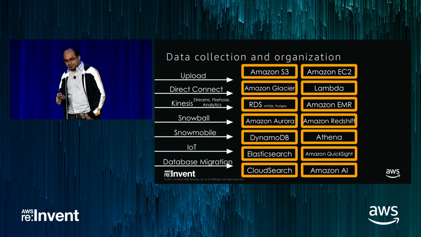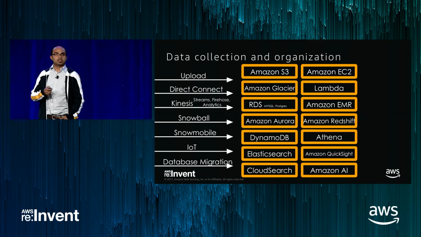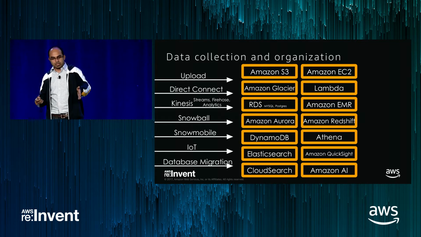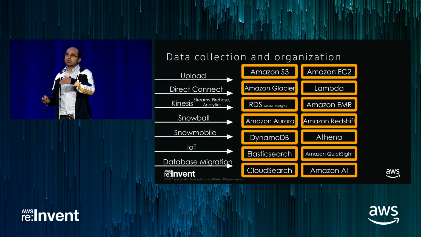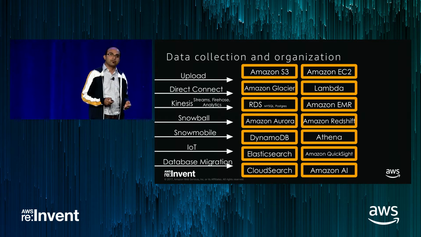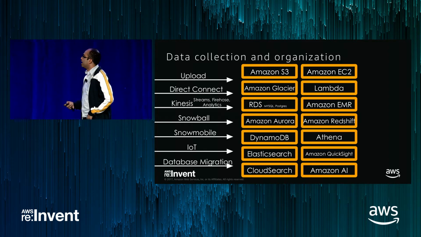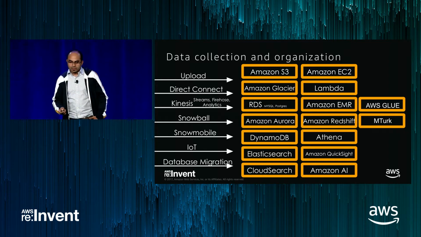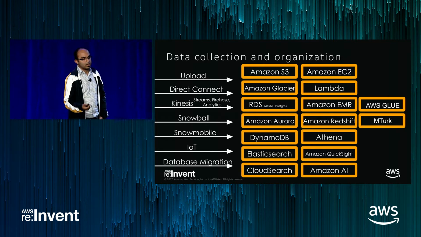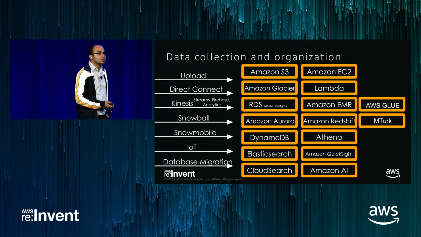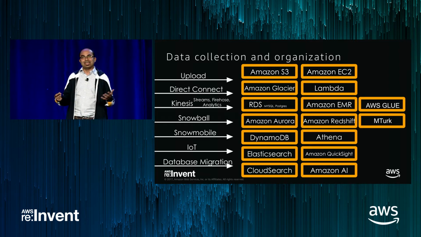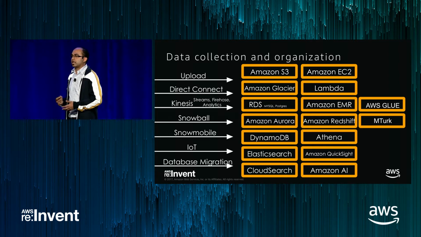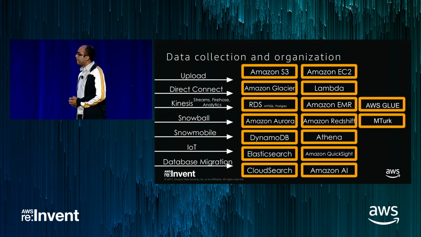We talked about EMR; you can also use Redshift or Athena if it's already in a structured format. If not, Glue is a great tool to do ETL, processing it into a state where you can start using the data in a meaningful way.